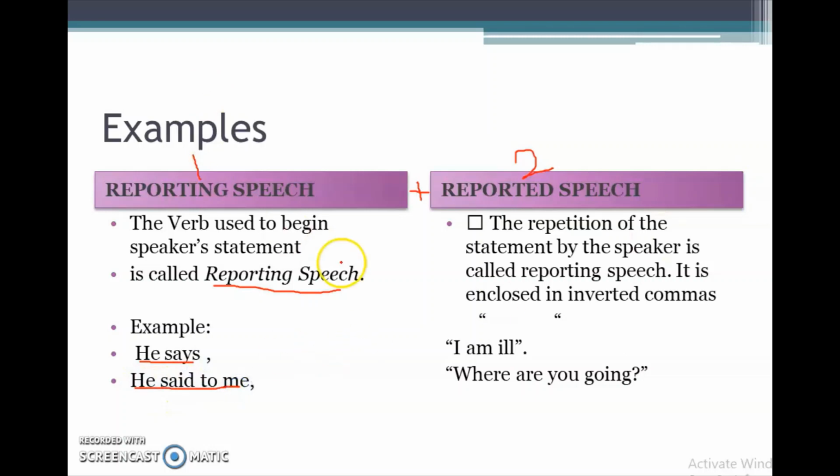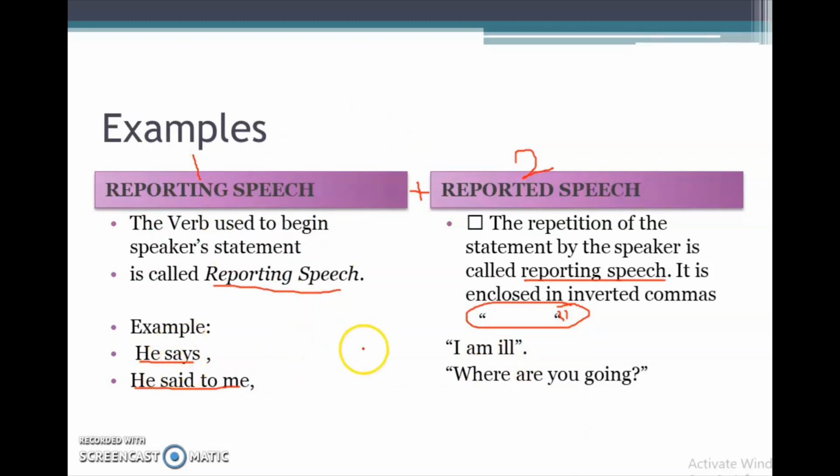This is called the reporting speech. The second part is called reported speech. The repetition of the statement of the speaker is called reported speech. It is enclosed in inverted commas or quotation marks. So reported speech is enclosed in the quotation marks, whereas reporting speech is not enclosed in the quotation marks.